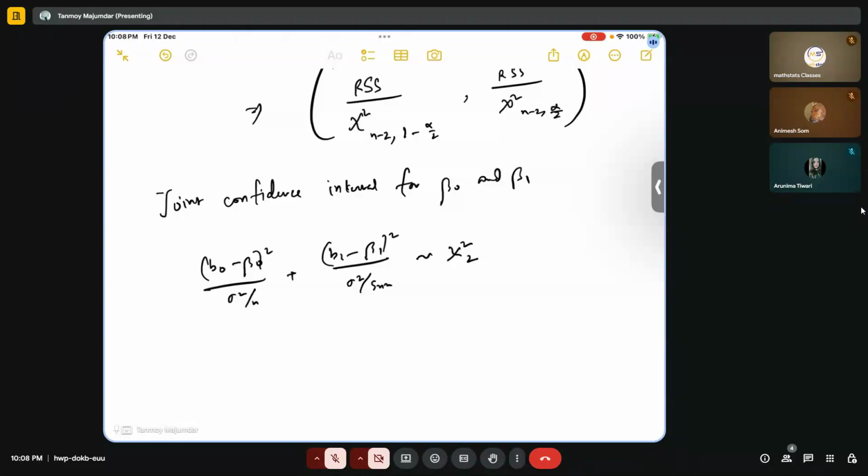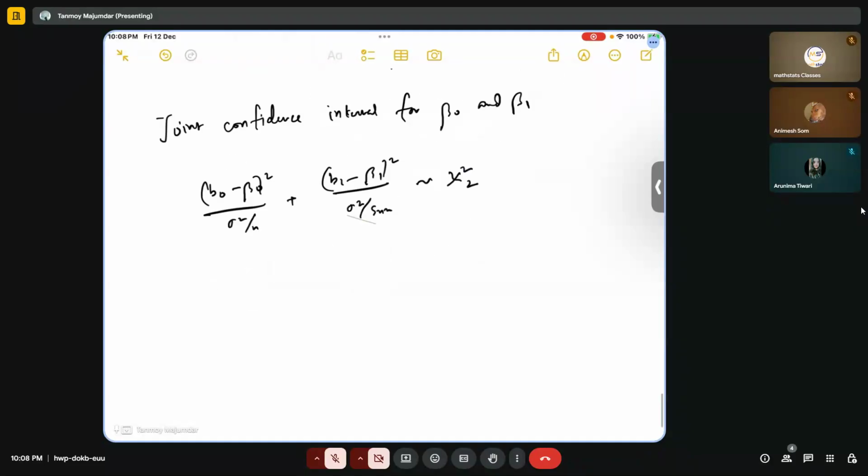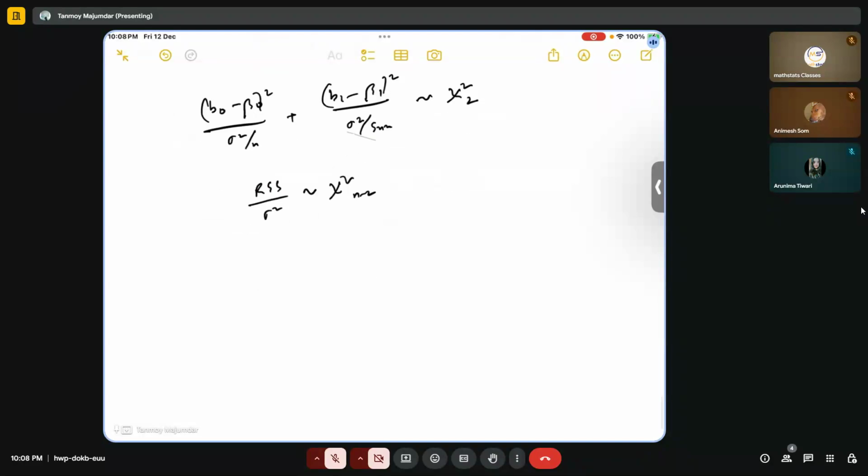So here b1 is our slope parameter, b naught is our intercept parameter. So this thing is chi-square with 2 degrees of freedom. And for sigma we can write RSS by sigma square, which follows chi-square n minus 2. So if we consider the ratio between 1 and 2, we will get an F distribution.